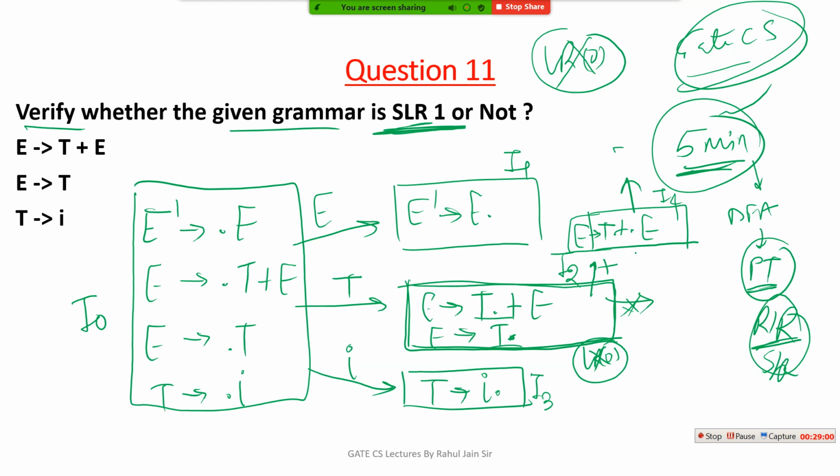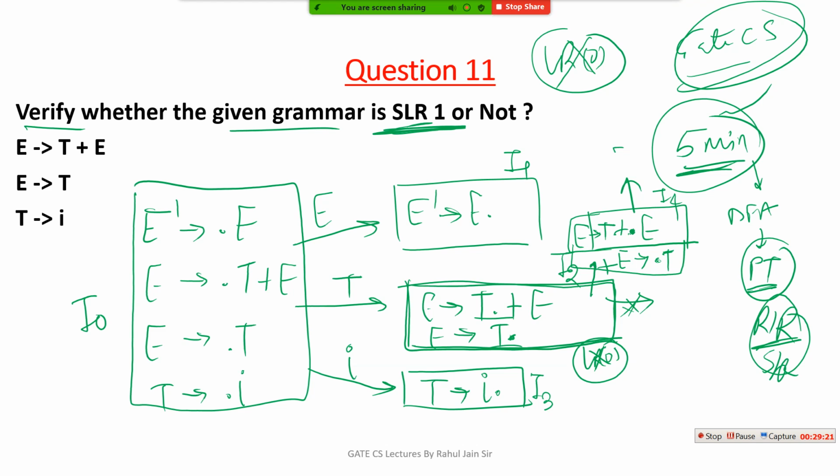Now you will observe here that in this state there is a dot before a non-terminal. So I need to include E derives dot T as well here.